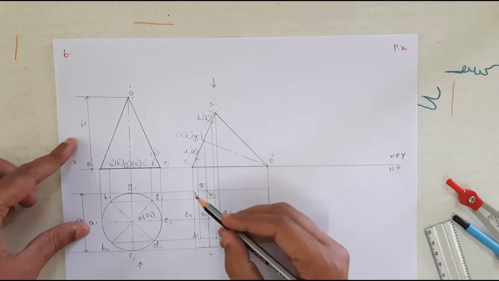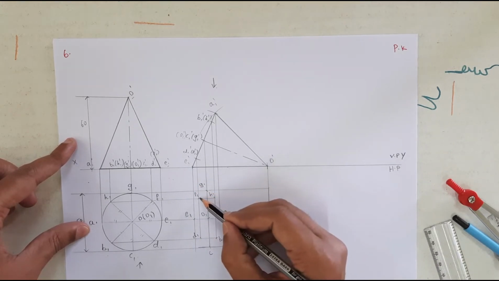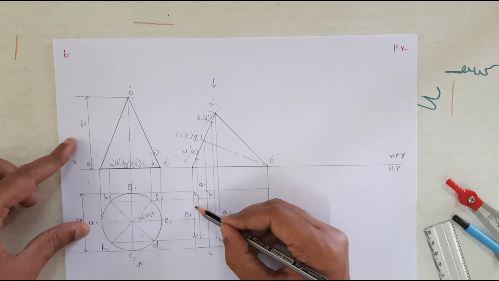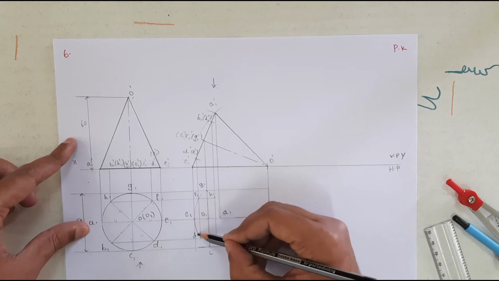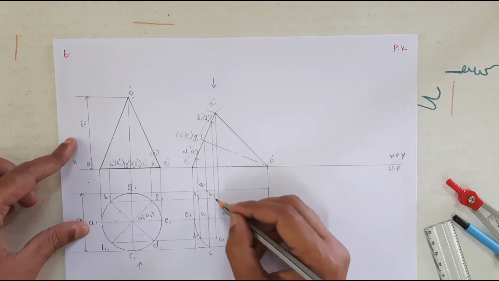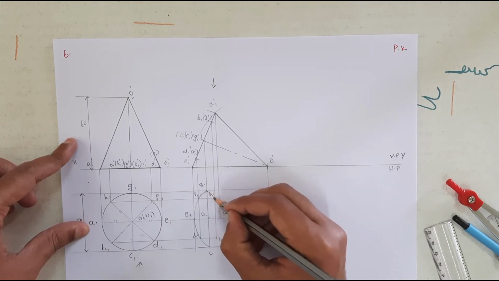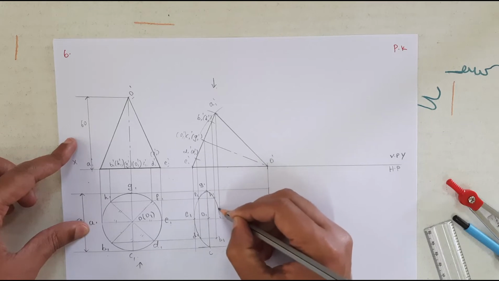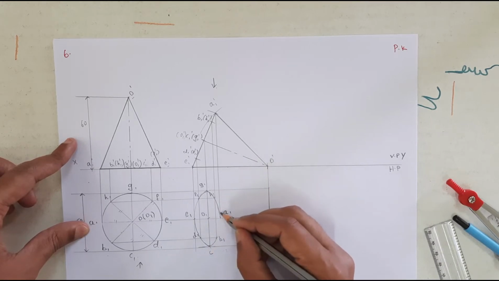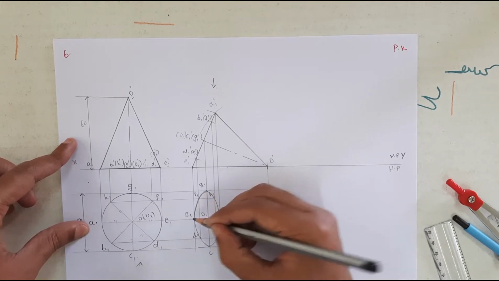So here I need to join all the reference points with a smooth curve, and it should be dark.